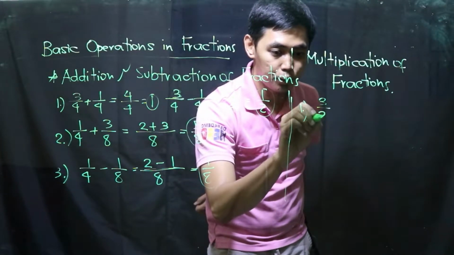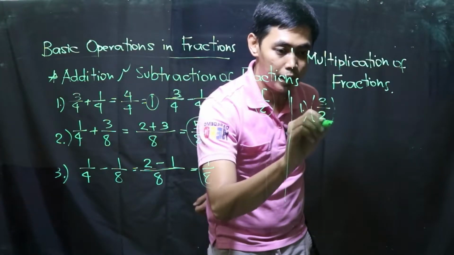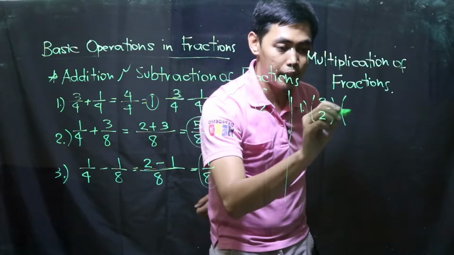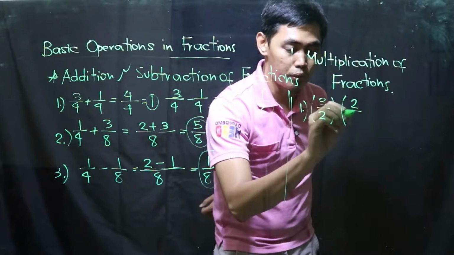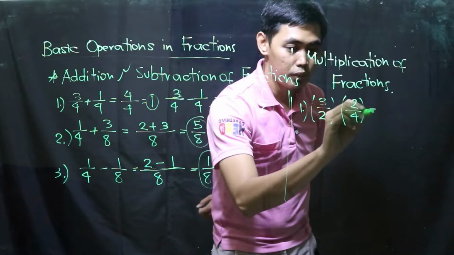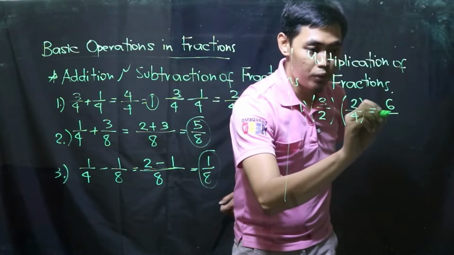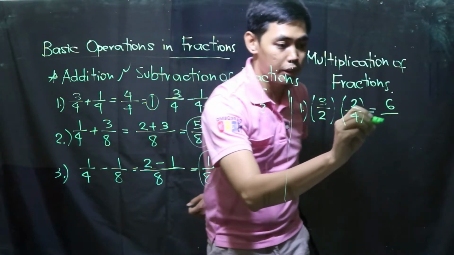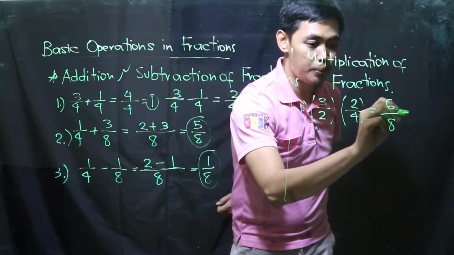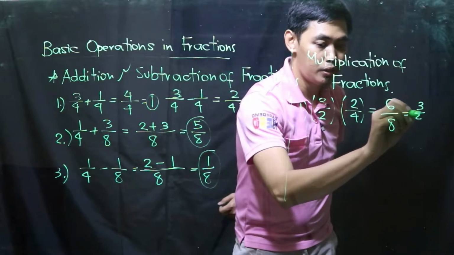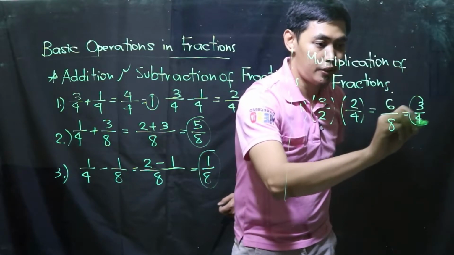Let's say 3 over 2 multiplied by 2 over 4. So 3 times 2, that would be 6 over 2 times 4, that would be 8. Lowest term, 3 over 4. This is our answer.